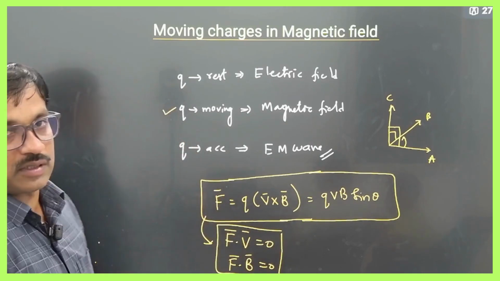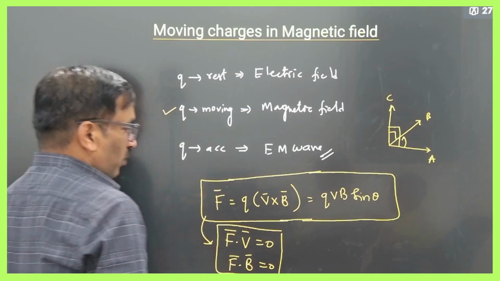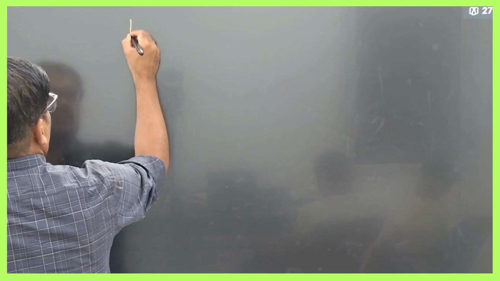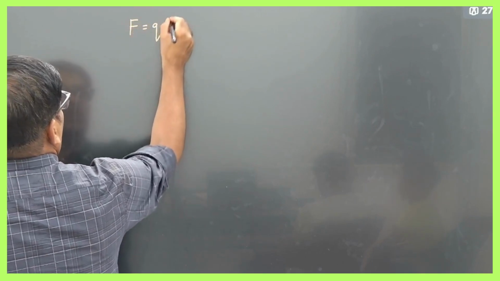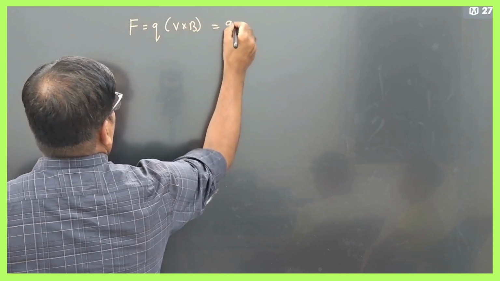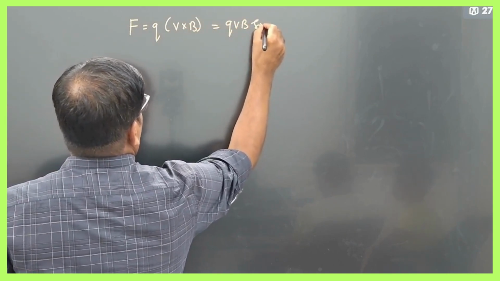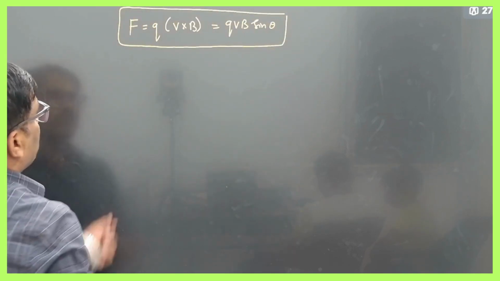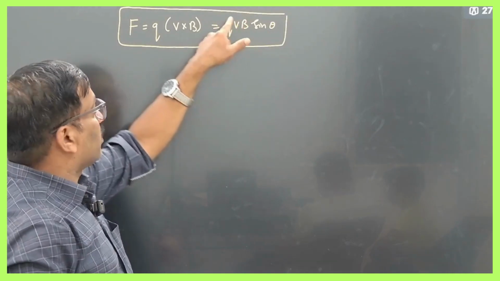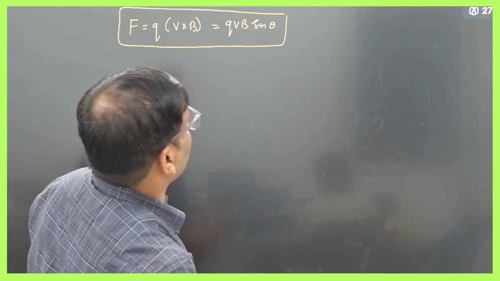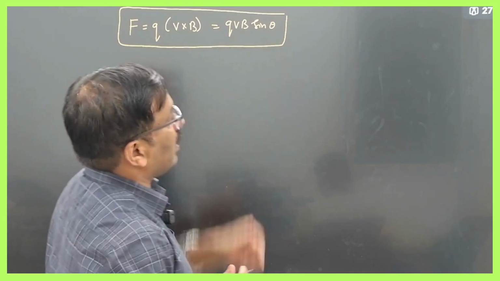Let us discuss this force in more detail. F is equal to Q V cross B, or Q V B sin theta. The force depends upon the charge, the velocity, the magnetic field, and also the angle.